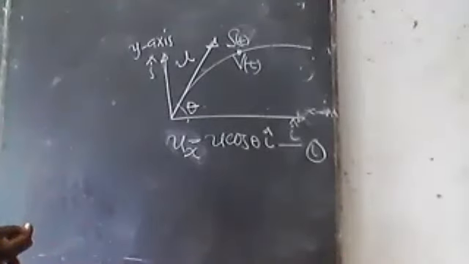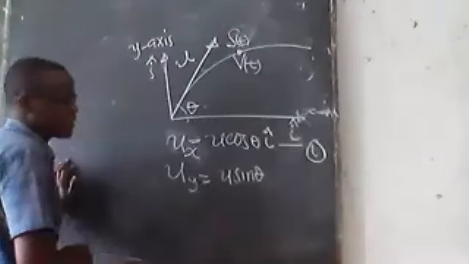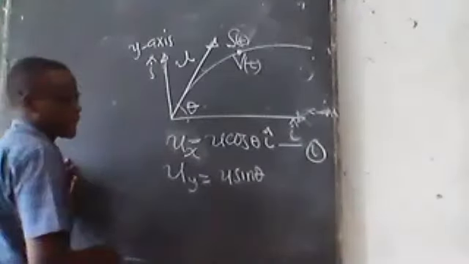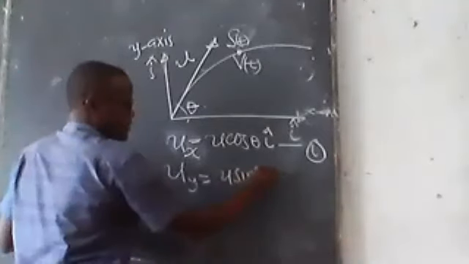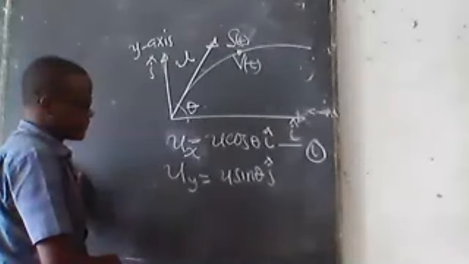Then vertically, how is it going to be? u sin theta j. Very good.